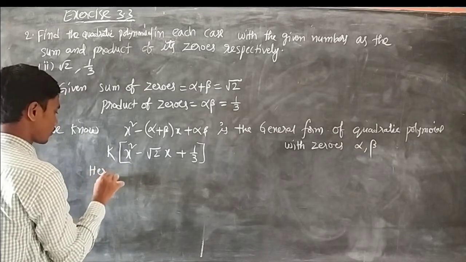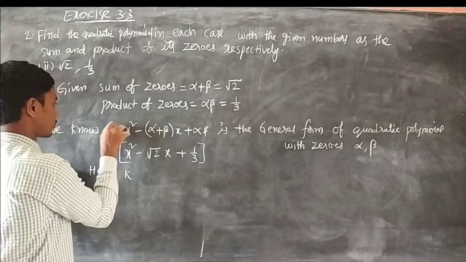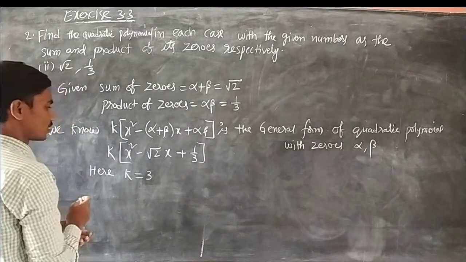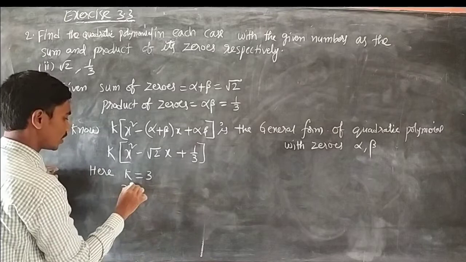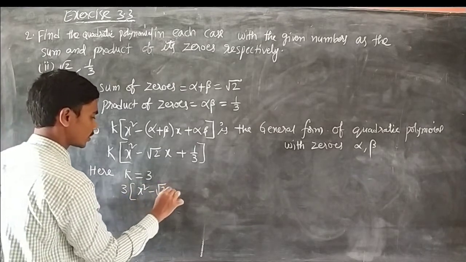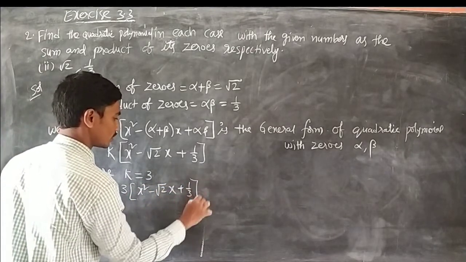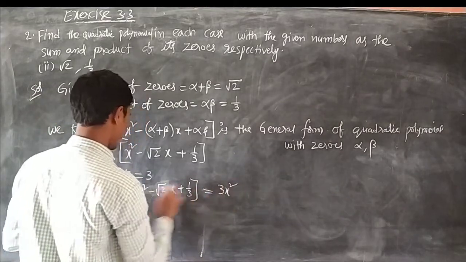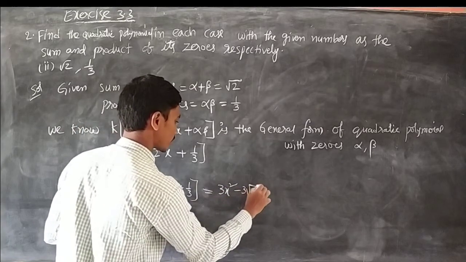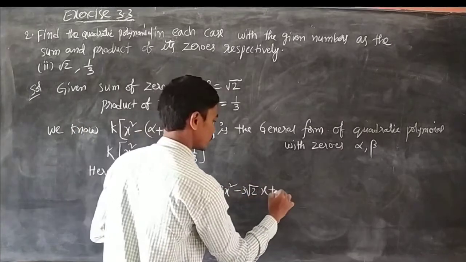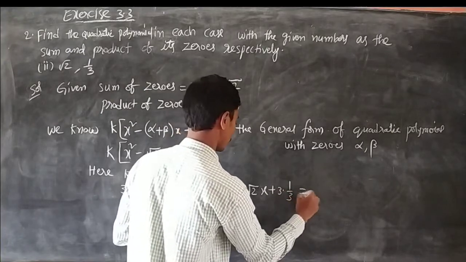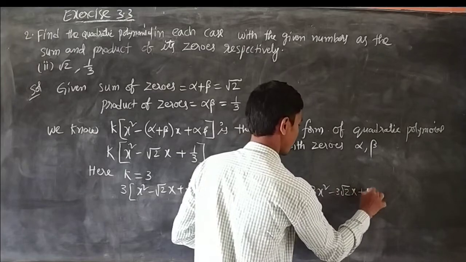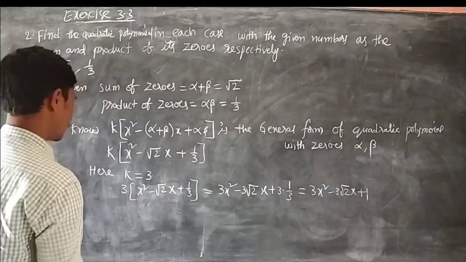Here k is equal to 3, the equation turns into 3 into x square minus root 2 into x plus 1 by root 3, that is equal to 3x square minus 3 root 2x plus 3 into 1 by 3, that is equal to 3x square minus 3 root 2x plus 1 is the required polynomial.